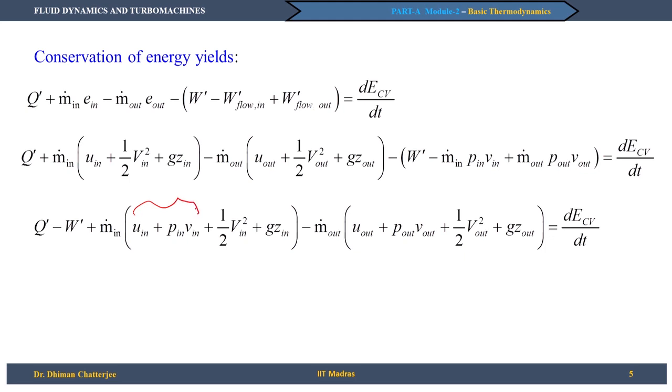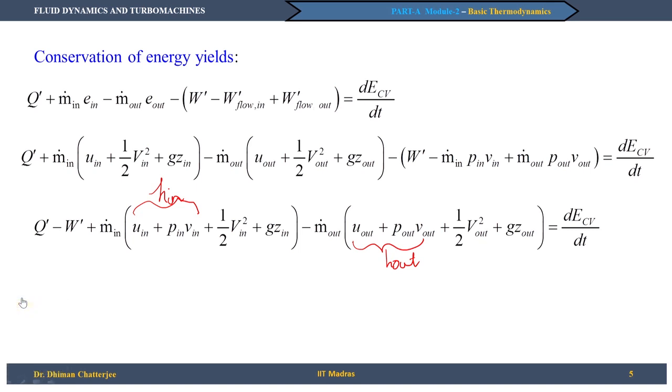Let us look at this term, U in plus P in V in. This is nothing but the enthalpy we have talked about, H in. Similarly, U out plus P out V out is nothing but H out, H being the static enthalpy.